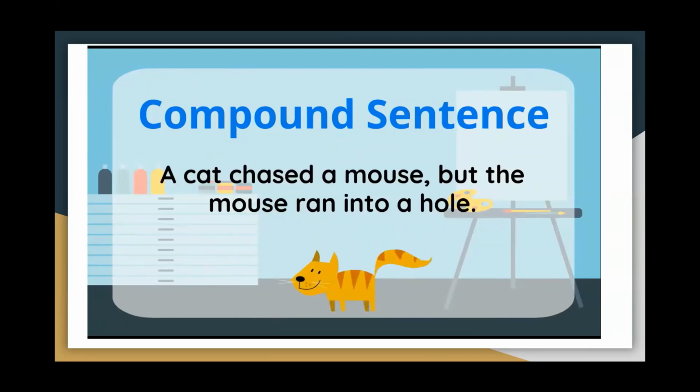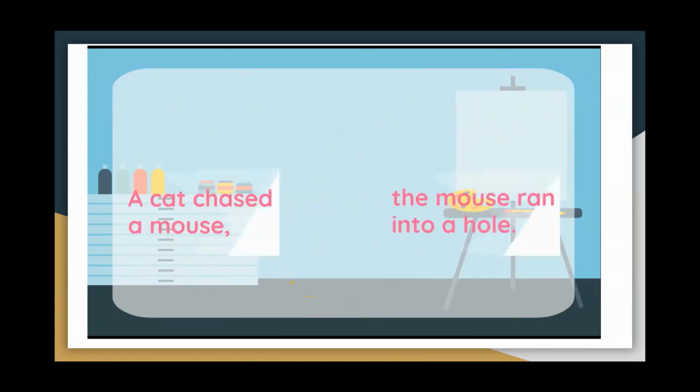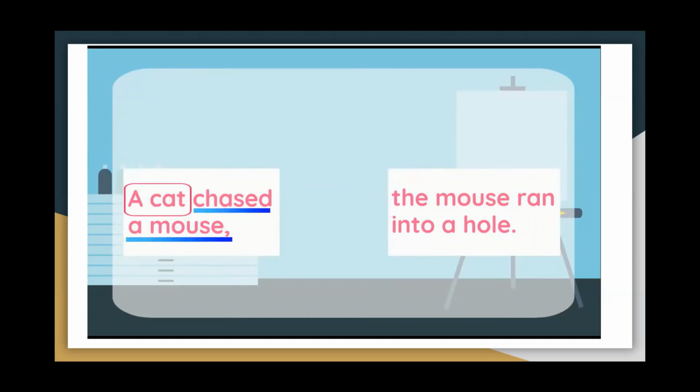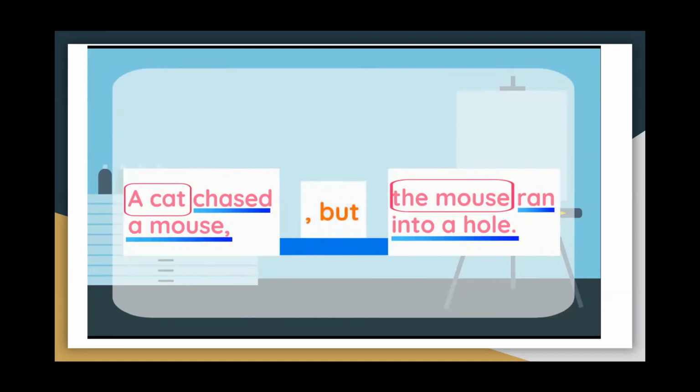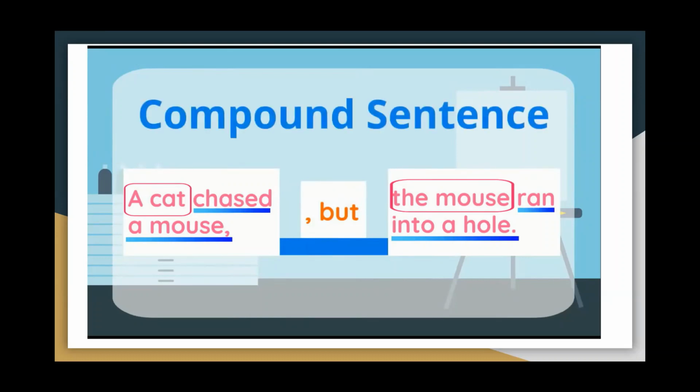A cat chased a mouse, but the mouse ran into a hole. Let's break it down. Subject and predicate. That's one simple sentence. Subject and predicate. That's another simple sentence. Two simple sentences connected with a comma and but. It's a compound sentence.